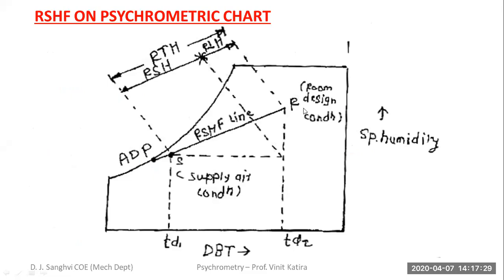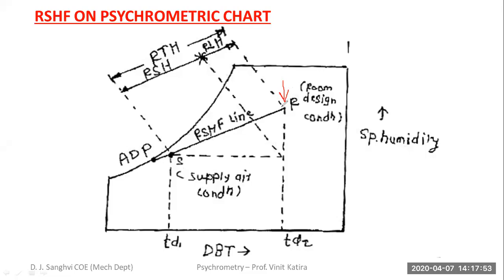Now, this is your simple RSHF line. Here, this is the room condition. This R that is mentioned over here, this is your desired room condition. For example, you want your room to be at 24 degrees and 50% relative humidity.